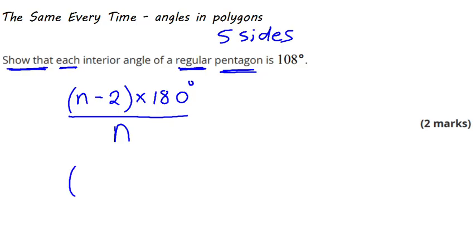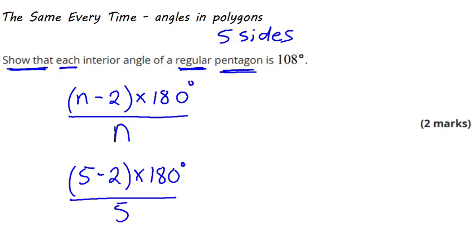So even though all of this you could do on your calculator and not write any method, obviously that's a really bad idea, particularly since this is a show that question and it's the method they're looking for. So pentagon, 5 sides, so 5 minus 2 times by 180 degrees, and because it's the size of one angle, divide by 5.